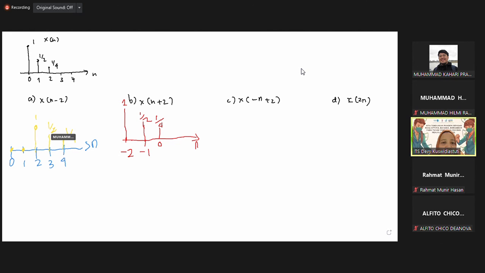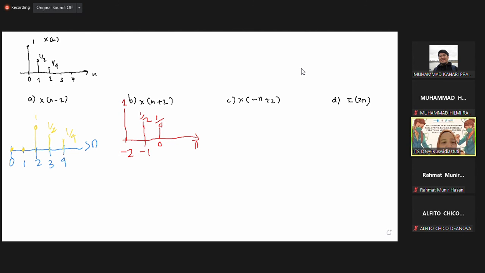Yeah, the B one is correct. The B signal will be exactly the same as x[n], only shifted 2 samples to the left.